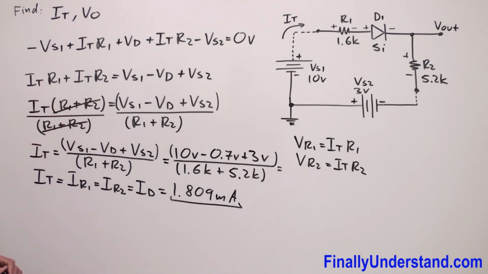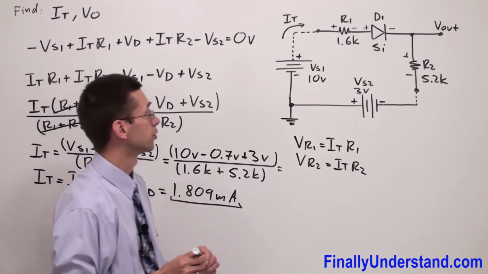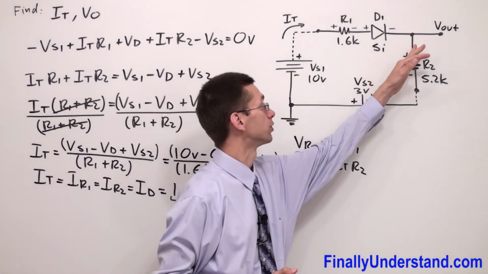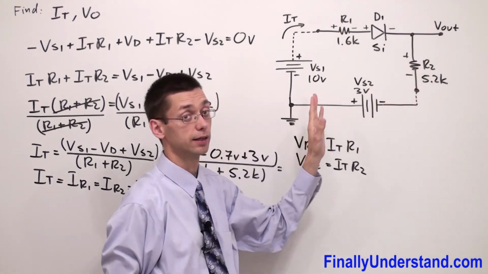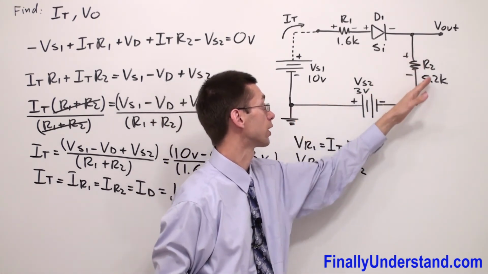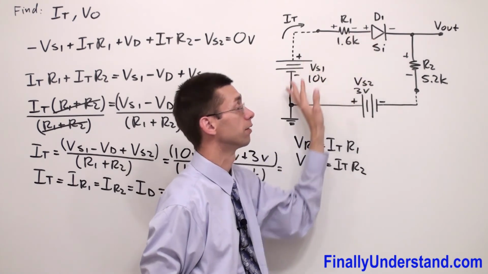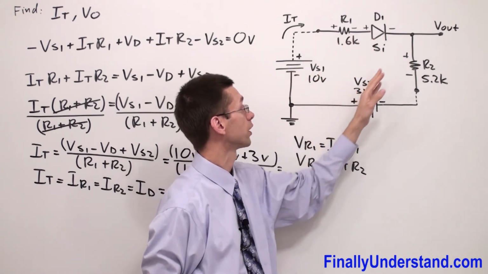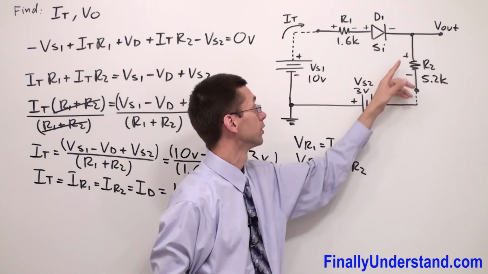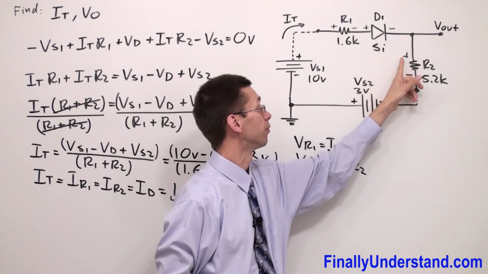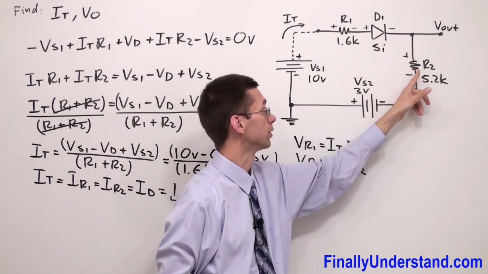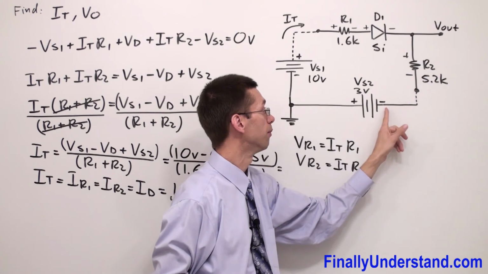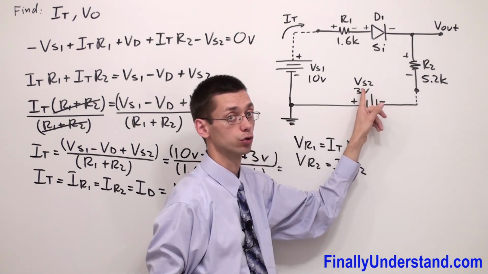Next, I'm supposed to find the output voltage. Output voltage is the voltage between the output terminal and ground. And as I said before, no matter which way you are going to go, you're supposed to get the same value. Okay, so first we are going to go clockwise. So what I have first, I have positive voltage across the resistor R2 minus voltage source 2.